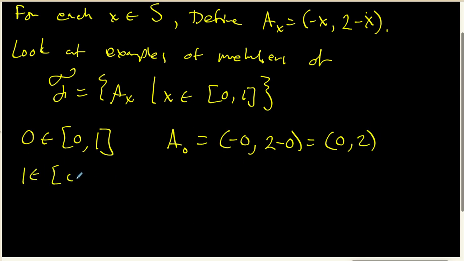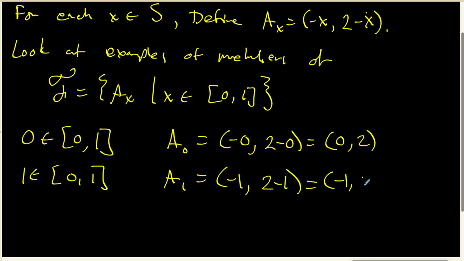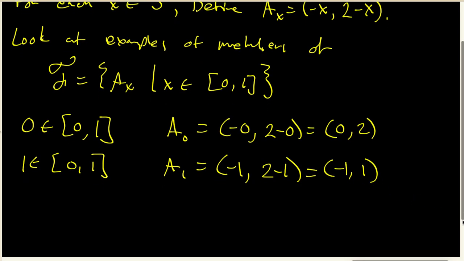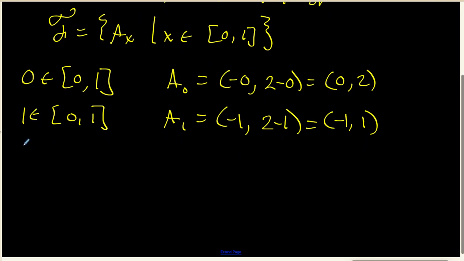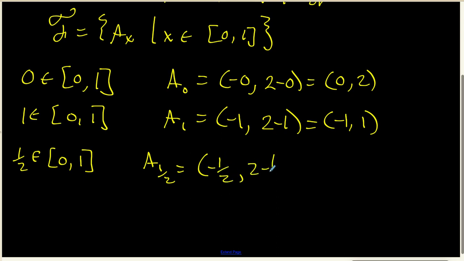1 certainly belongs to this particular interval, so A sub 1 would be minus 1 to 2 minus 1. In other words, it's the open interval between minus 1 and positive 1. But we have lots of other numbers inside the indexing set. 1/2 belongs to that indexing set, and A sub 1/2 would be the open interval between minus 1/2 and 2 minus 1/2.